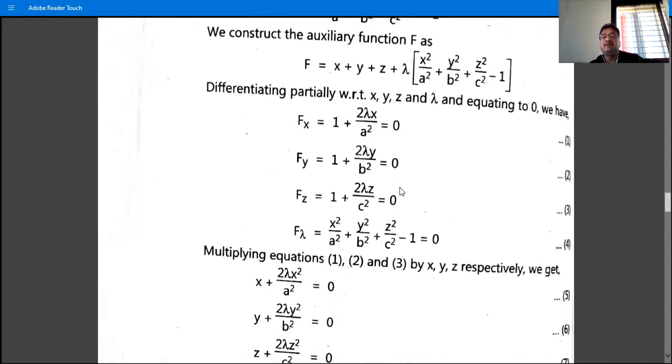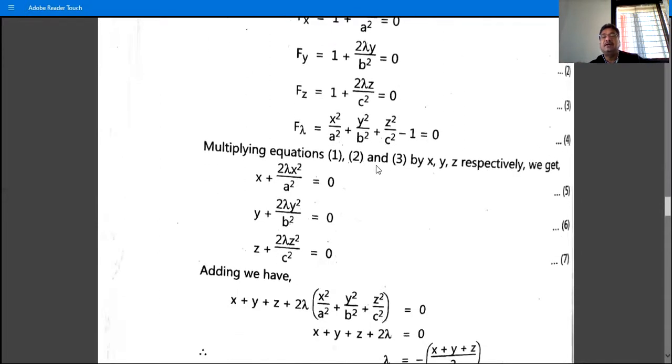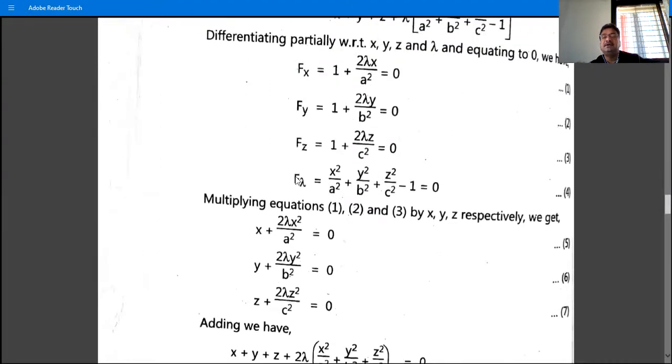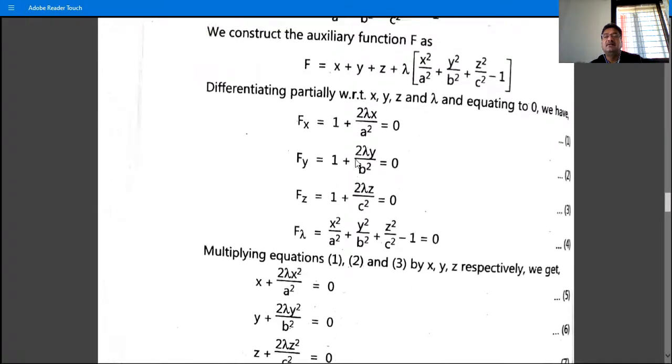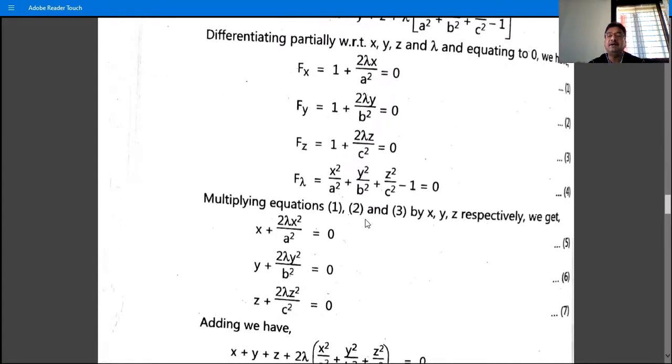Then differentiate with respect to x, y, z, lambda and equate with 0, and then apply one of the procedures, that is, we have the values of x, y, z from equations 1, 2, 3 in terms of lambda, and then substitute in equation number 4 and find the value of lambda, and then we have x, y, z. This is procedure number 1. For this problem, procedure number 1 and procedure number 2 both are applicable.